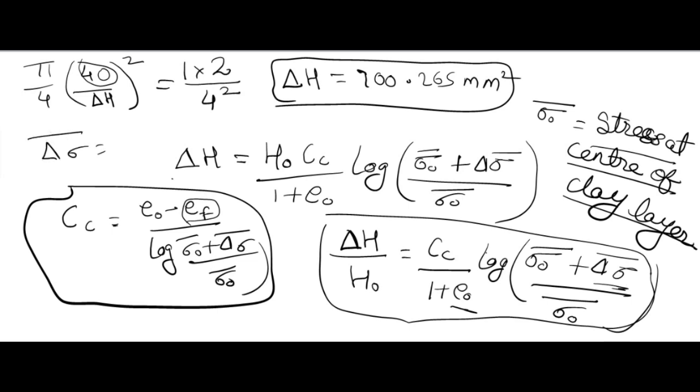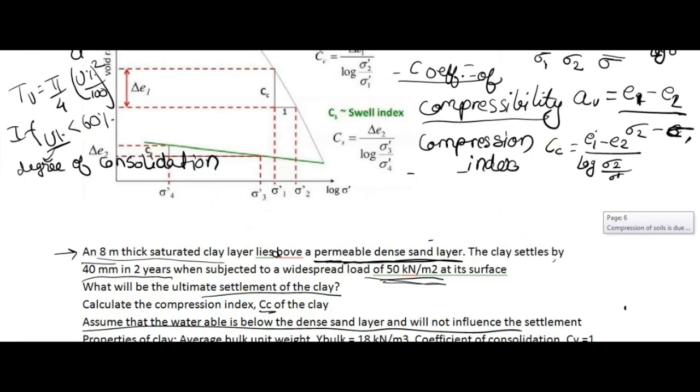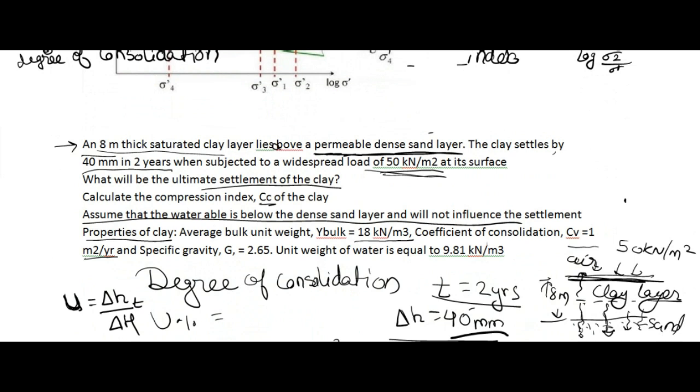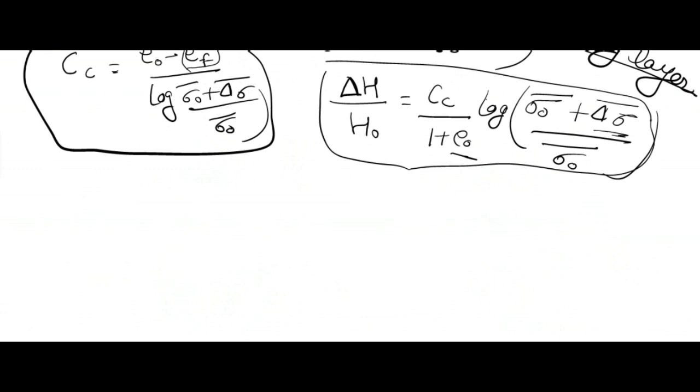Delta sigma bar is given in the problem: when subjected to a widespread load of 50 kilonewton per meter square, there is a change in effective stress, delta sigma bar, of 50 kilonewton per meter square.